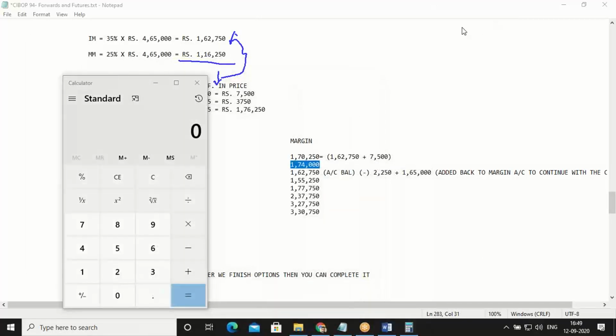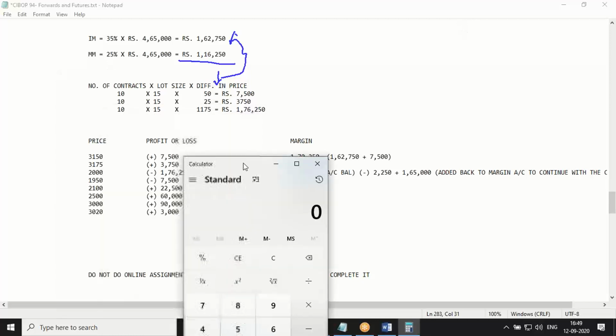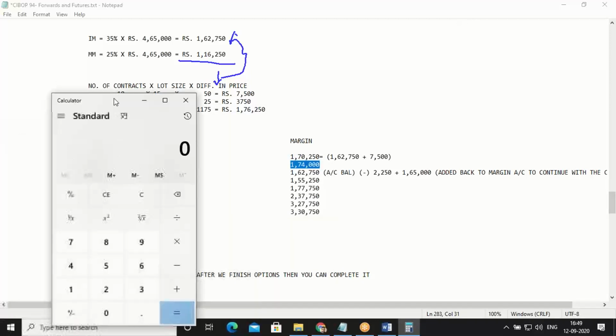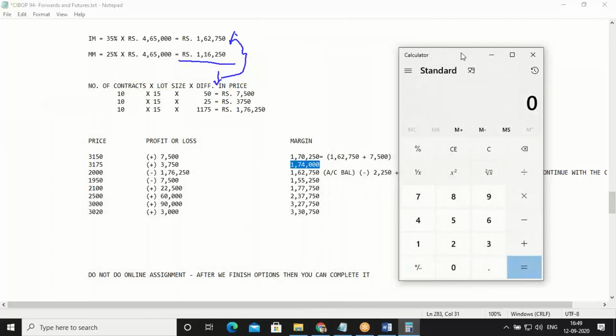And guys, I have randomly made up this thing. Okay, so see, your previous account balance is 1,74,000. Now what has happened is you've incurred a loss of 1,76,250.